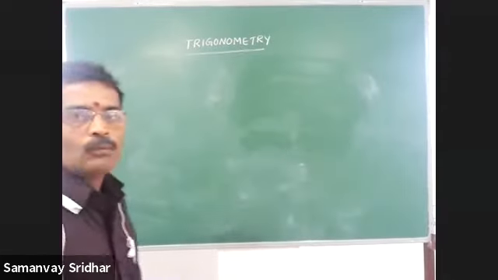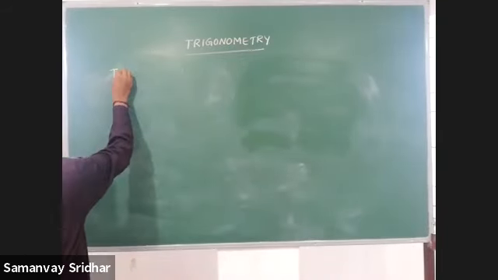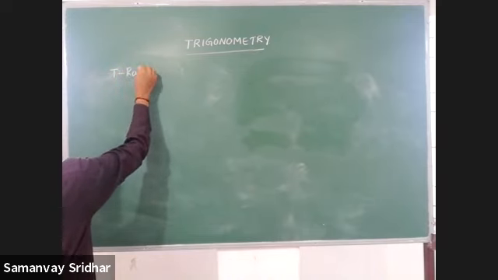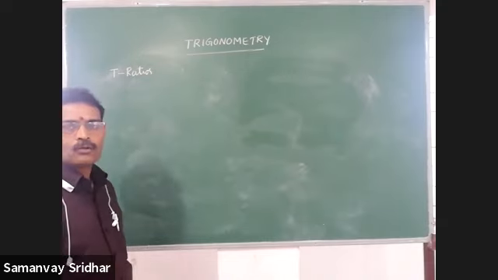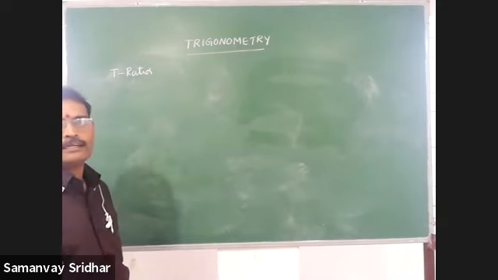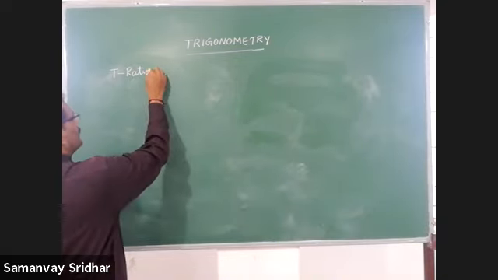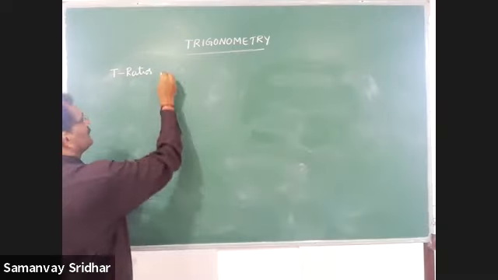We have to go for one more concept, that is the T ratios. You know what T ratios are? T ratios are sin theta, cos theta, tan theta, cosecant theta, secant theta, and cotangent theta. I am going to take them again, the T ratios, but for some specified angles.